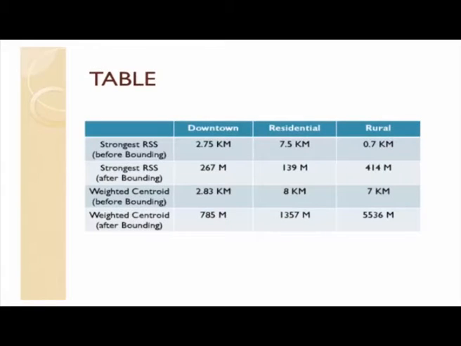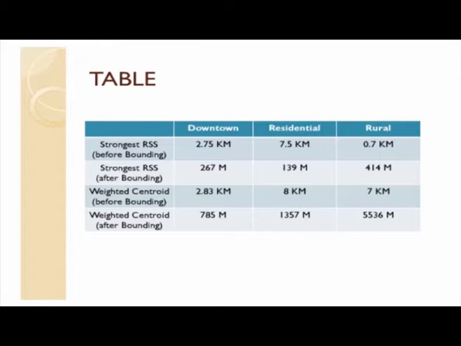So then what? See this result. The previous result, if you remember, was 2.75, 7.5, 0.7. Now it has become 267, 139 meters. So it has come down to meters.